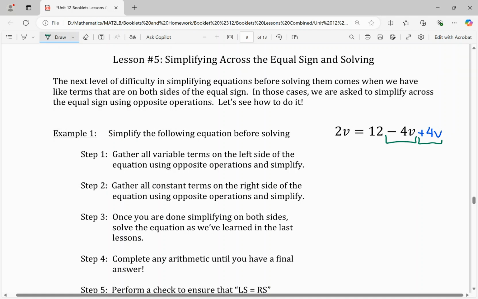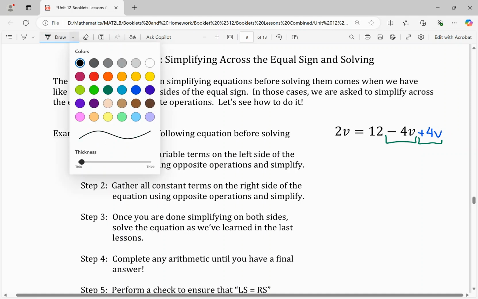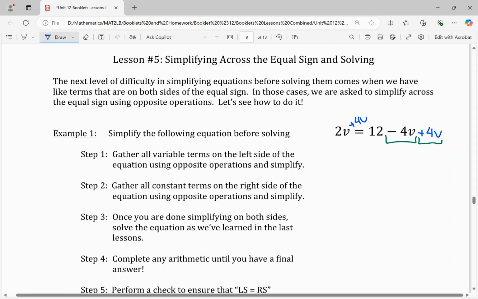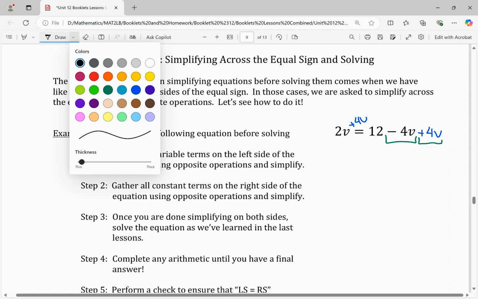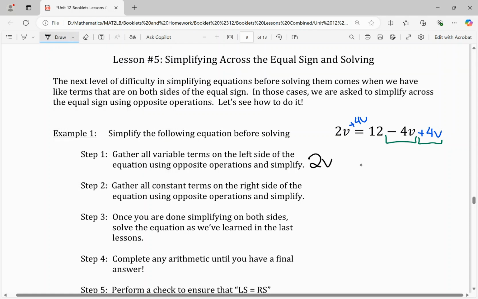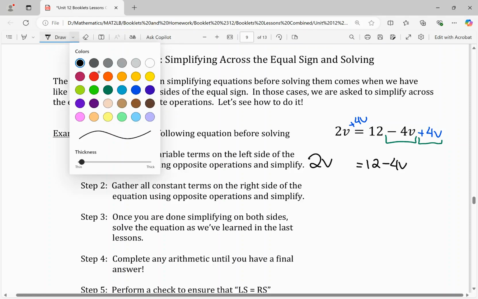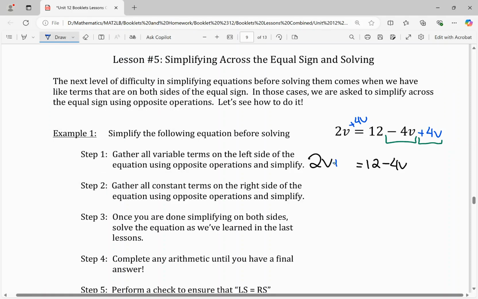So let's take a look at what happens when I add 4 times v. I'm going to rewrite this entire thing because I also need to add 4v to the left-hand side. Whatever I do to the left, I do to the right, and vice versa. So we have 2v plus 4v is equal to 12 minus 4v plus 4v.